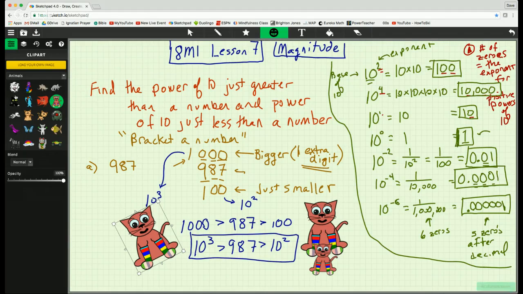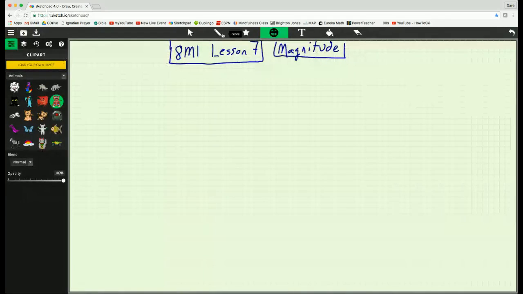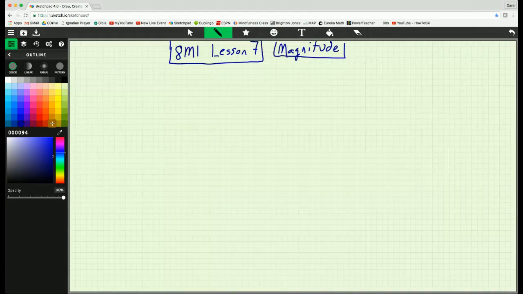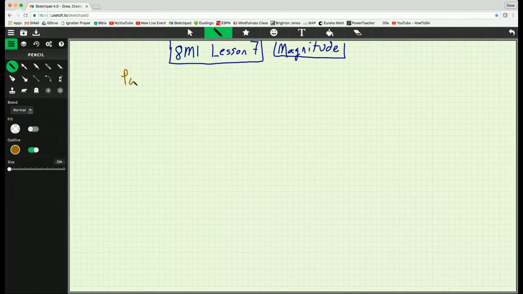And we're going to go to another problem that's similar. Let's find the powers of 10 that bracket 42,123.